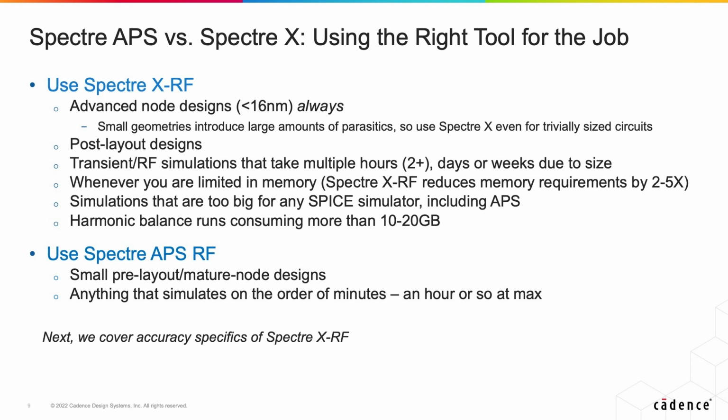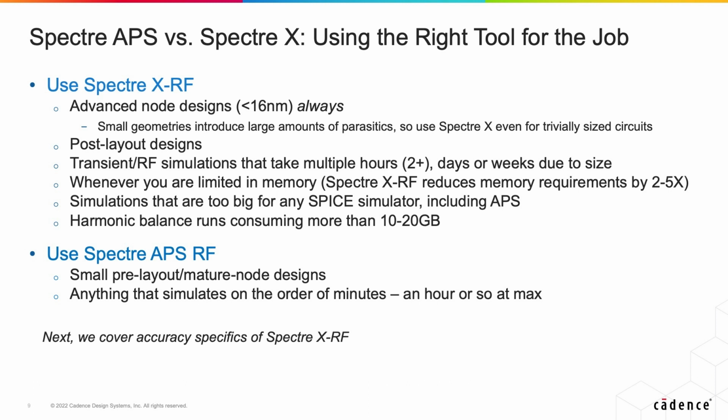When you have advanced nodes, like a lot of customers designing in 16, 7, 5, now 3, and your pre-layout designs are large and post-layouts are huge, in those situations I would always say use Spectre X as your high-performance simulation engine and then set up the RF analysis. Use XRF. That will not only improve speed, but also reduce your memory, and that makes a huge difference for RF analysis.